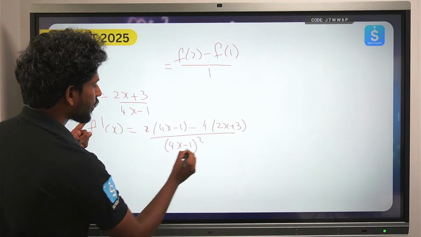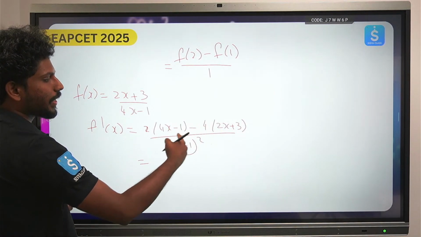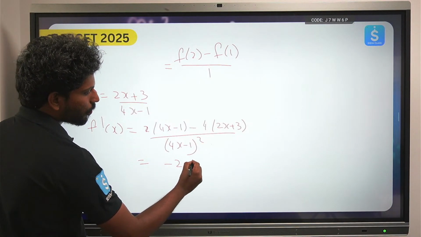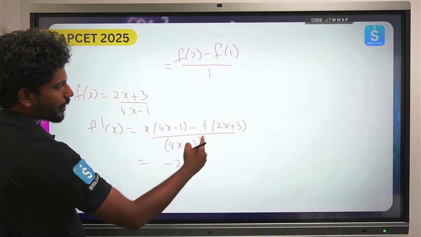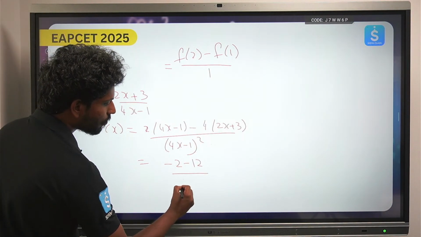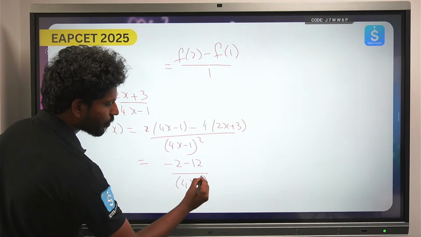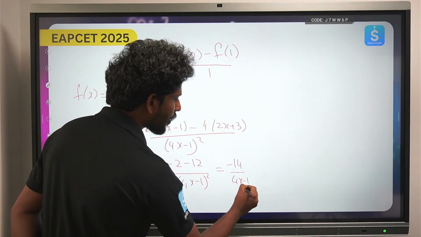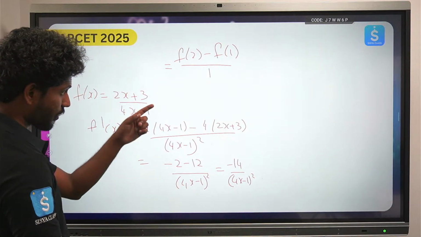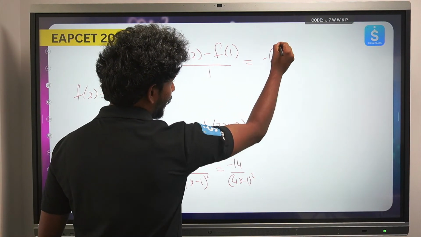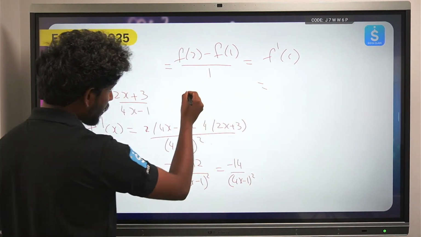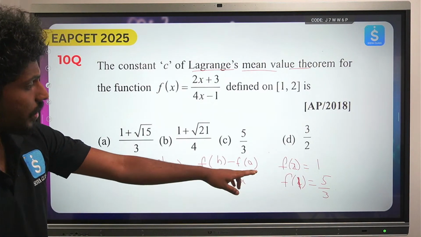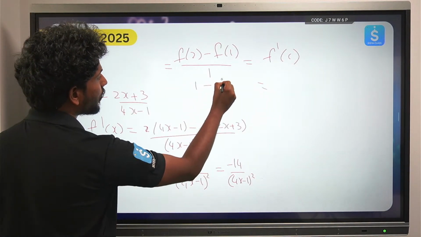Okay, so this is the answer I got. So this will become 8x minus 2 minus 8x minus 12. So this will become minus 2 minus 12. This will become minus 14 by 4x minus 1 whole square. This is what the f dash of x value I got. So I will equate it to f dash of c. This value I already got: 1 minus 5 by 3.